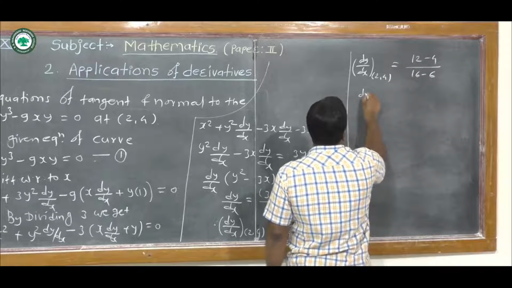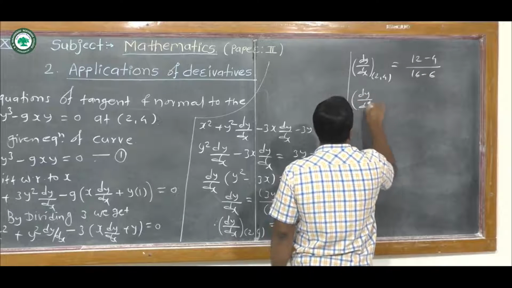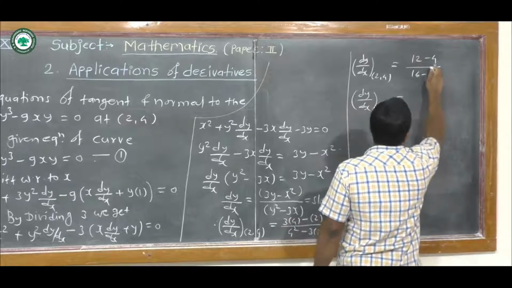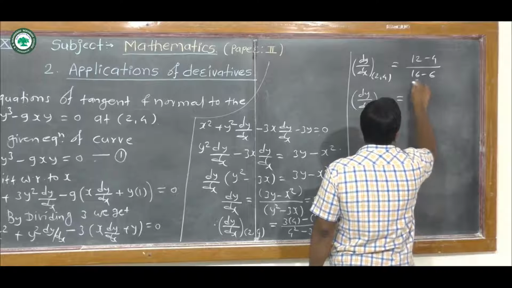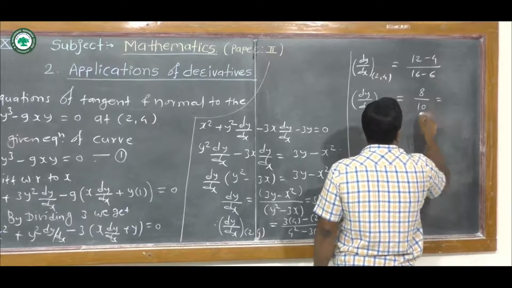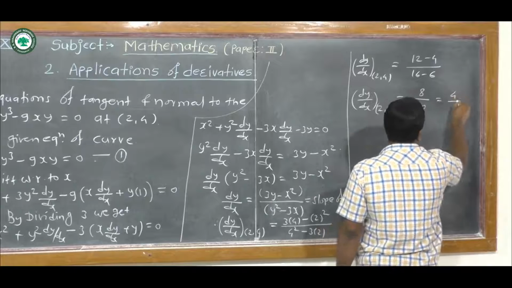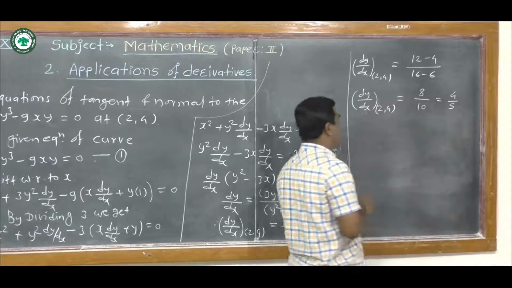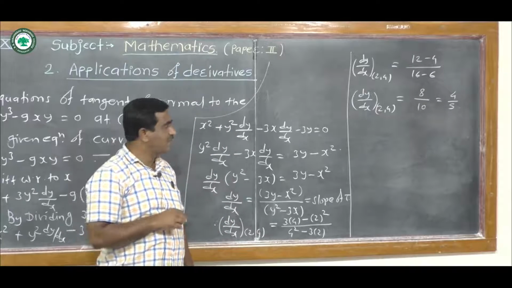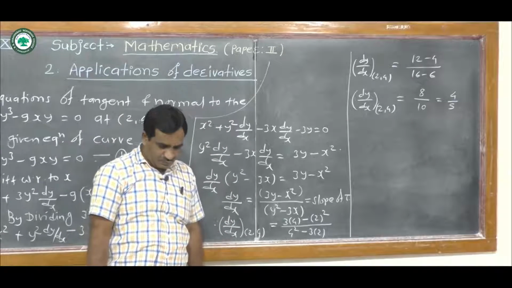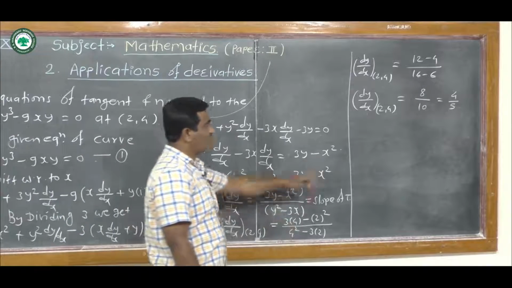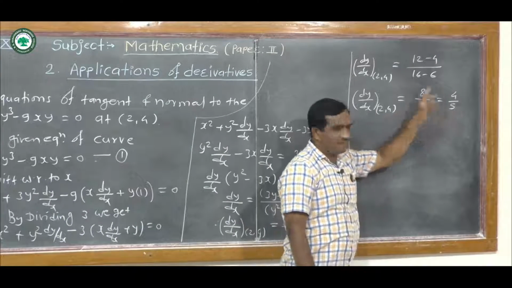That is dy by dx at point (2, 4) is equal to 12 minus 4 means 8, 16 minus 6 means 10. That is, we get here 4 upon 5 by dividing by 2. 2 4s are 8 and 2 5s are 10. Okay, that is, we get slope of tangent at point (2, 4): dy by dx is equal to 4 by 5.